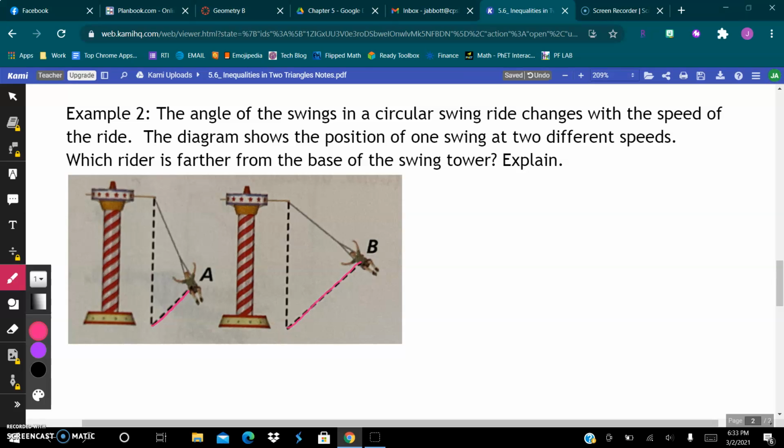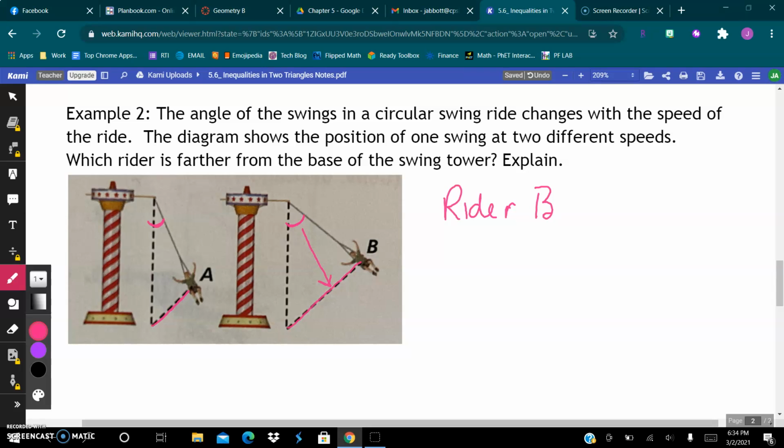That all depends on the angle here, because the side opposite of the larger angle is the larger side. This angle looks to be quite small. This angle looks to be almost twice as big. So the side opposite of that angle is going to be the bigger side. So which rider is farther from the base? That would be rider B.